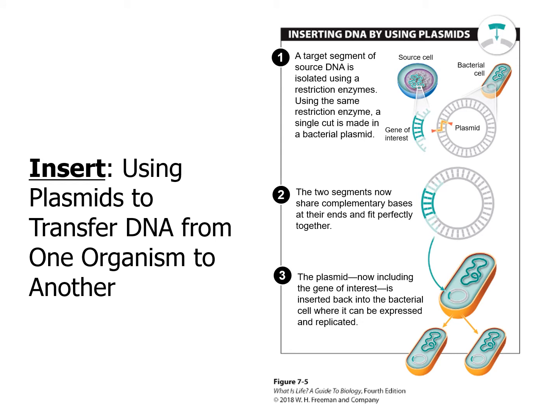The next method is to insert, which is using plasmids, which are just circular pieces of DNA, to transfer DNA from one organism to another. And that final product is going to be known as a transgenic organism. So it's sort of a Frankenstein organism, if you will.